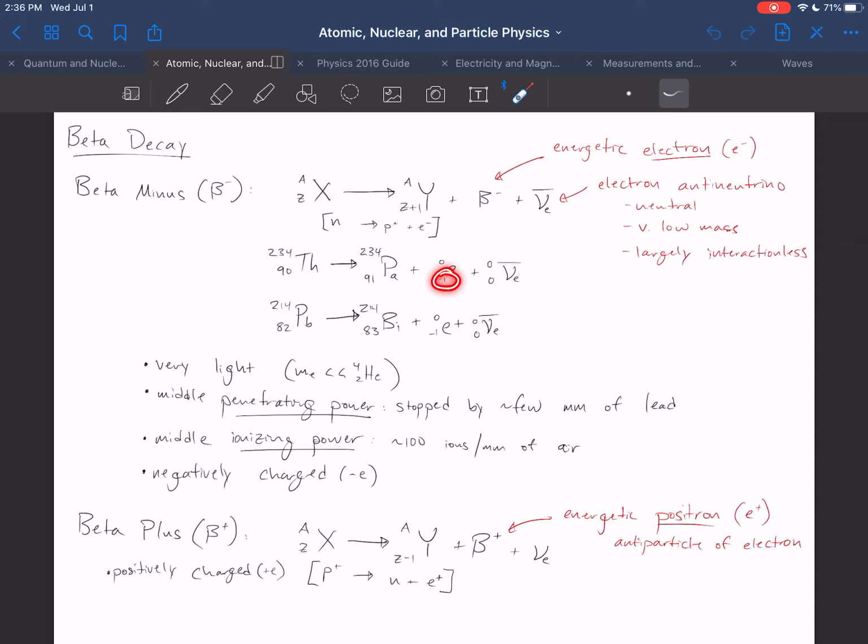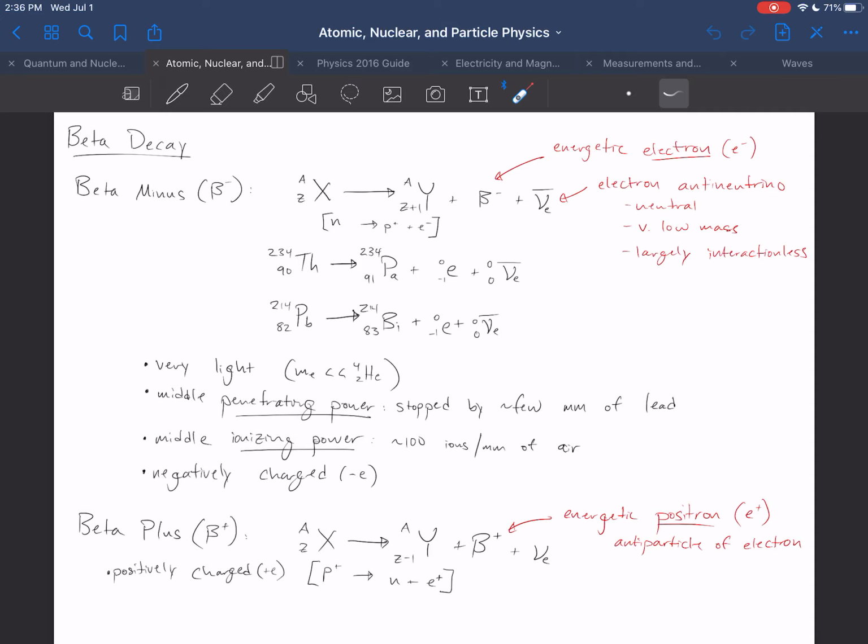So, I would hesitate before recommending its use, but you will see it. Okay, so this -1 simply indicates that the total proton number has changed so that you get 91 plus -1 equals 90 here. So that's this emitted electron, that beta minus particle.